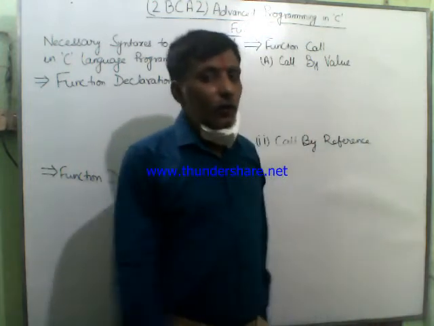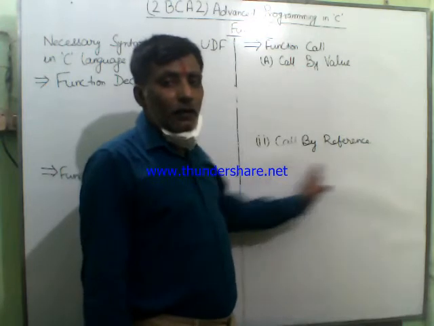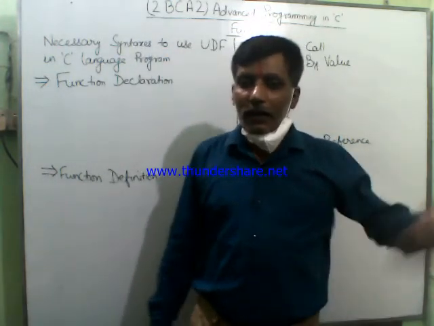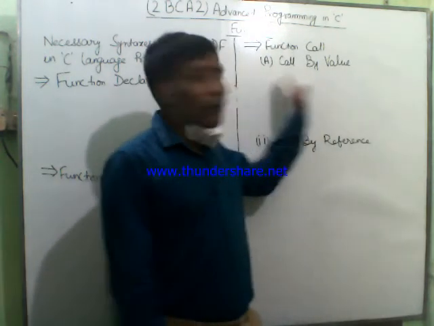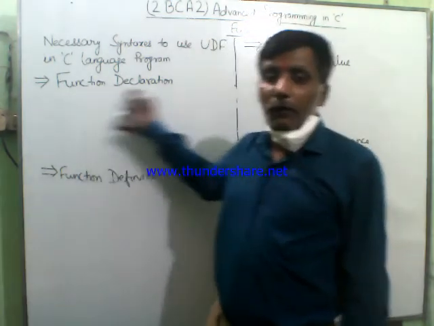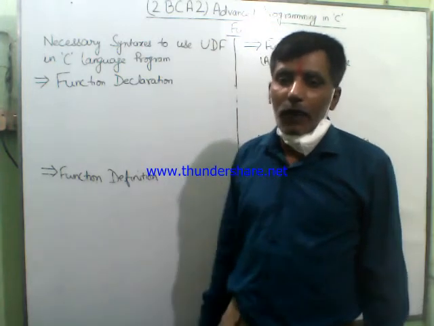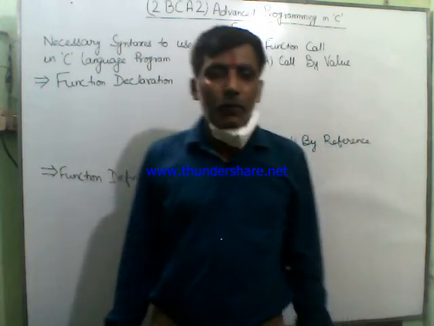And if you are going to call your user defined function by call by reference method, then you have to use a different syntax rather than the syntax of calling the function by call by value method to perform the function declaration and function definition for the user defined function that you are going to use in the C language program.